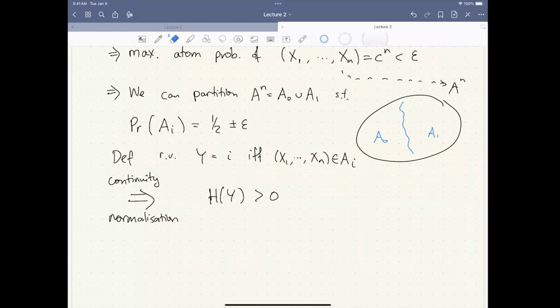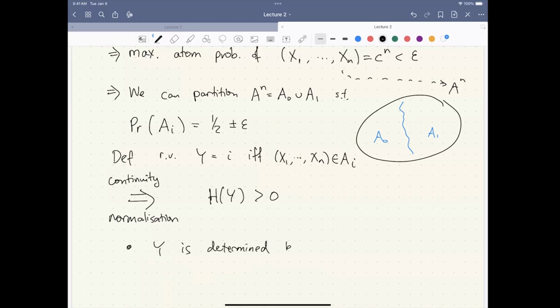But the last thing we have to notice to finish the proof is that Y is determined by X1 to Xn. Okay, I forgot proving something, but let me use this as a black box for now.